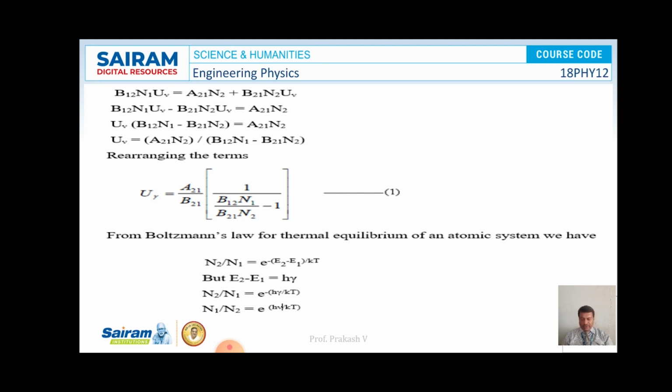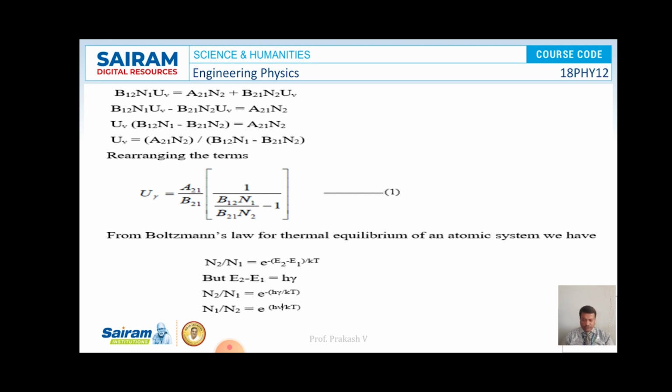On simplification, B12 N1 U mu minus B21 N2 U mu is equal to A21 N2. Further, U mu is equal to A21 N2 by B12 N1 minus B21 N2. The final value of U mu can be rewritten as A21 by B21 into 1 by (B12 N1 by B21 N2 minus 1). That is equation number 1.